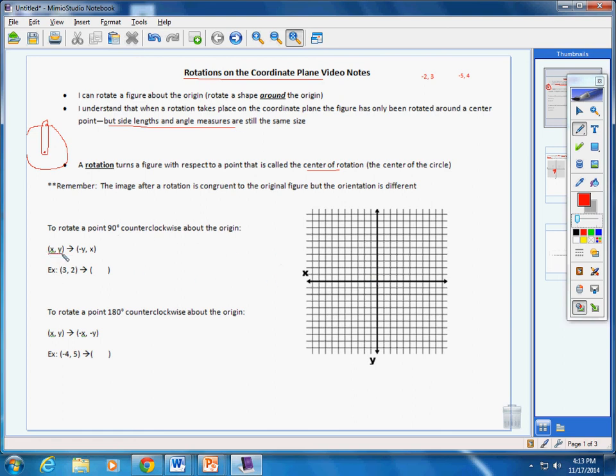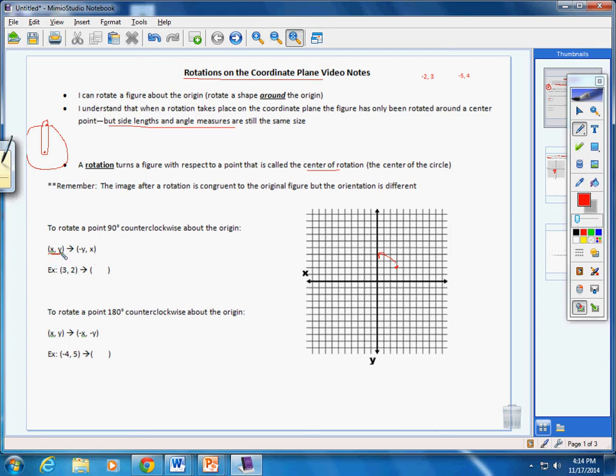If you have an ordered pair, any ordered pair, in order to rotate that point 90 degrees counterclockwise, so if my point's right, well, I'll use our point down here, 3, 2. If we have that point right there, and it's rotated counterclockwise, that means we're going to rotate it this way. It's the opposite way around the clock. Okay, so to rotate it 90 degrees, all you're going to do is flip-flop.